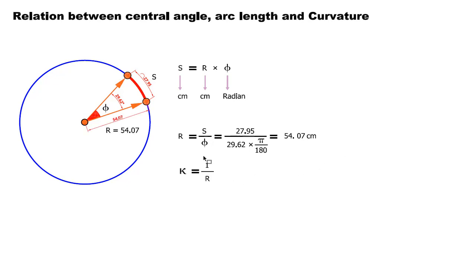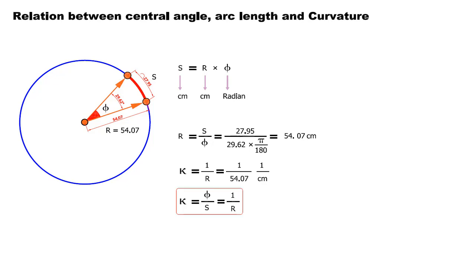So let's find the curvature now. Curvature kappa equal to the inverse of r, and that is 1 over 54.07, and the unit is 1 over unit length, or 1 over centimeter. So we can conclude from kappa that this circle is 54 times less curved than the unit circle.